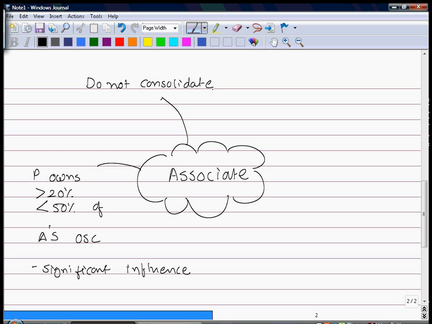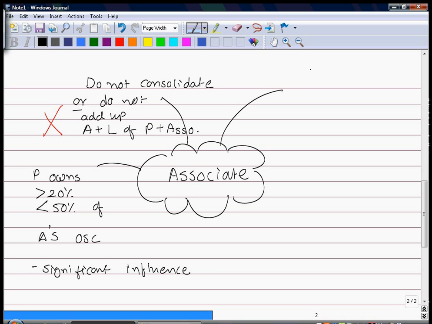You are not going to add up all the assets and the liabilities of parent and associate. Do not do that. Big cross.